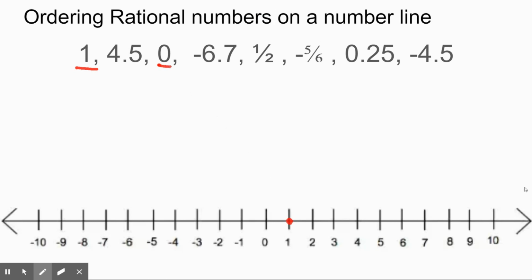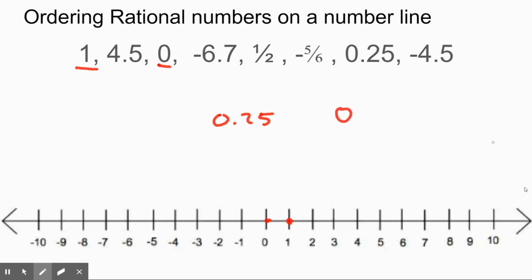We have a 0, that's an integer as well. We can put our 0 here. And those are only two integers. We have a bunch of other numbers, but let's just start with there. So, if we look at 0.25, we can think to ourselves, how does that compare to 0?